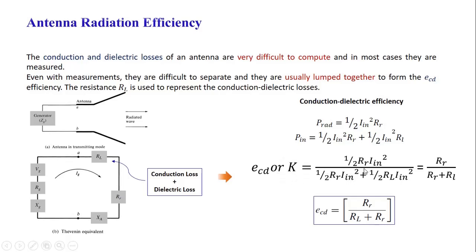After putting the values, we get the antenna radiation efficiency, or the conduction dielectric efficiency, as RR divided by RR plus RL, where RR is the radiation resistance and RL is the loss resistance of the antenna. So always the value of ECD, or the radiation efficiency of the antenna, must be less than 1 practically, and it must be equal to 1 ideally.